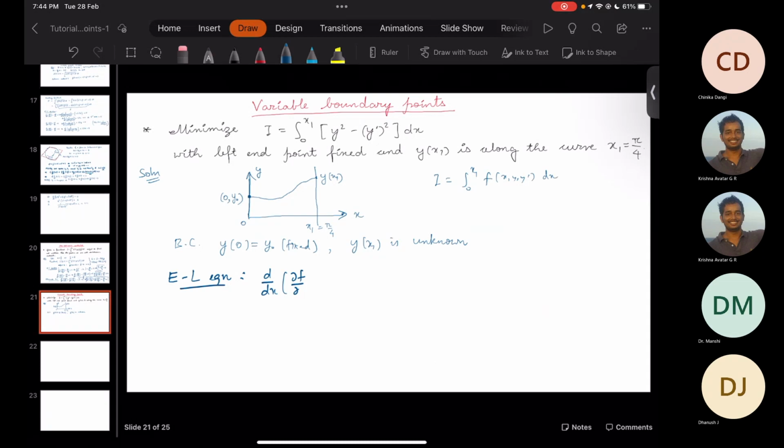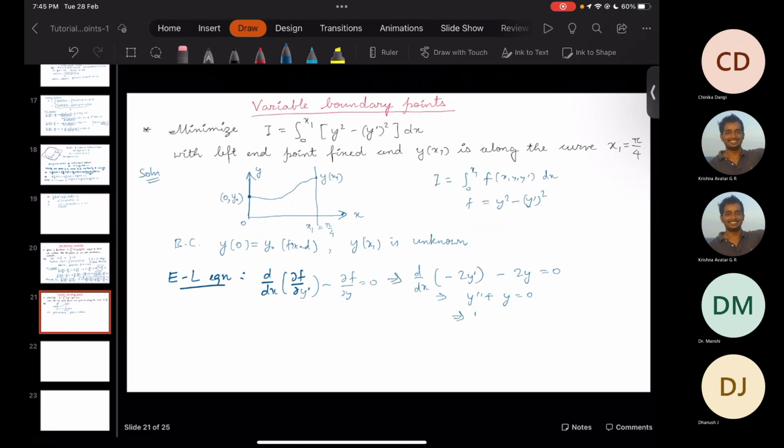So this is our boundary point here, and f is nothing but y squared minus y' whole squared. This minus ∂f/∂y is equal to 0. And then this implies d/dx of (minus 2y') minus (2y) is equal to 0. Factoring out minus 2 gives us y'' plus y is equal to 0. So this is our Euler-Lagrange equation.